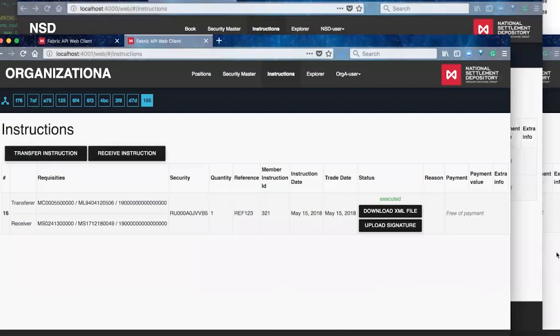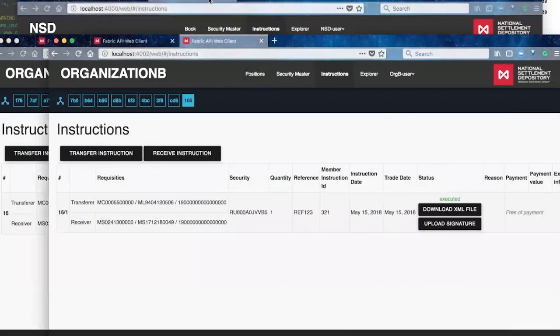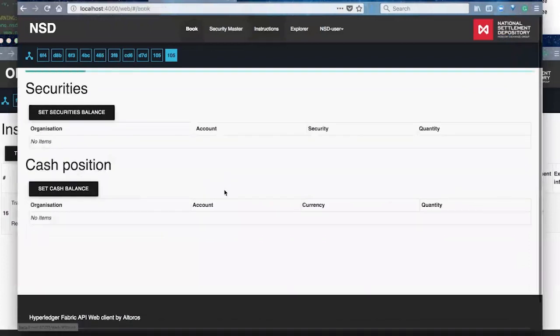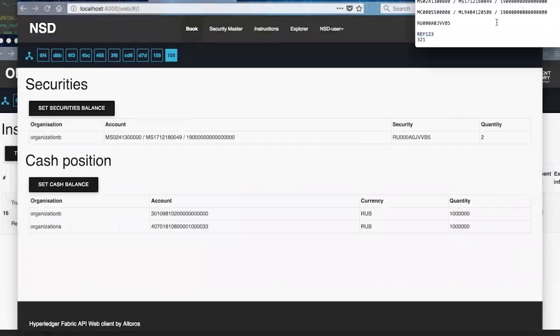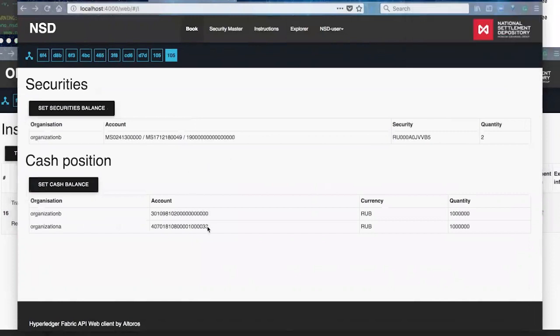And so we still see here each participant sees the transaction, or their side of the transaction that they have initiated. And then you see on NSD there is the dual view of both of those chain code invocations that were used.